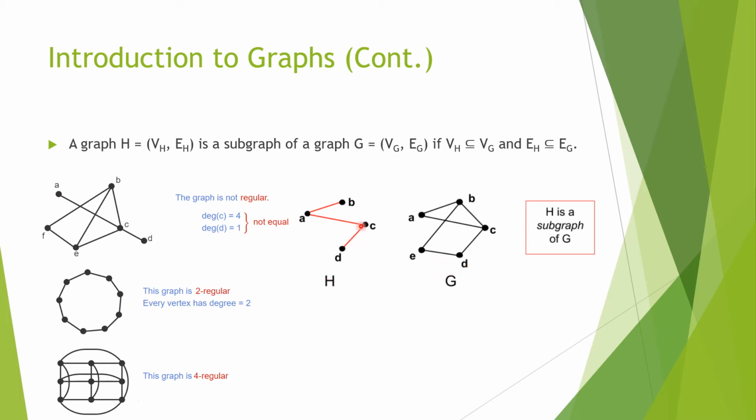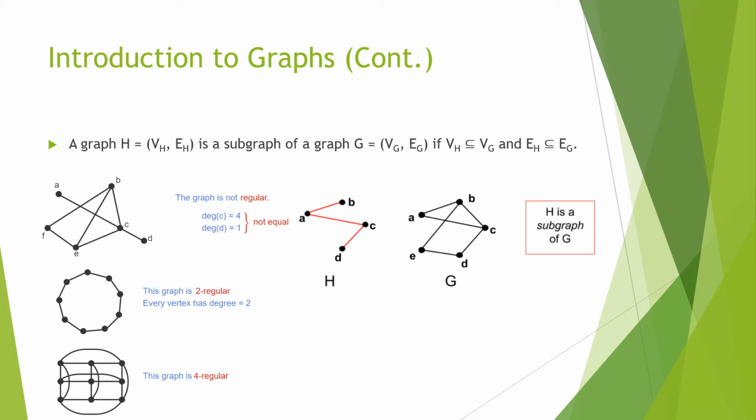And H has only 3 edges, and these 3 edges are a subset of the edge set of G. As you see, G has 6 edges, and 3 of them are the ones that H has. So the edge set of H is a subset of the edge set of G, and the vertex set of H is a subset of the vertex set of G. That's why we say H is a subgraph of G.